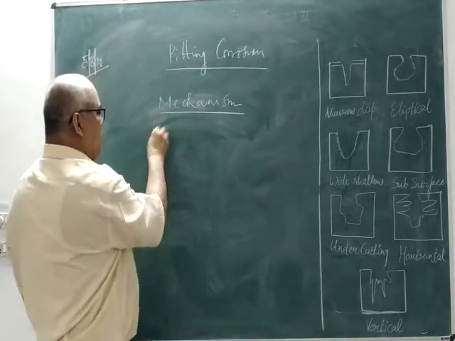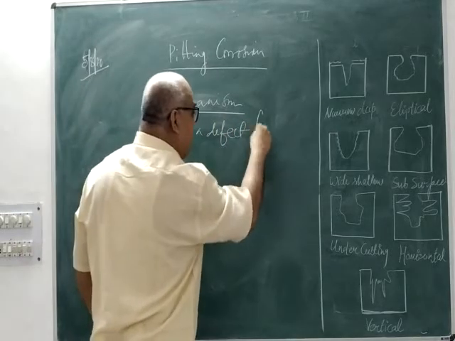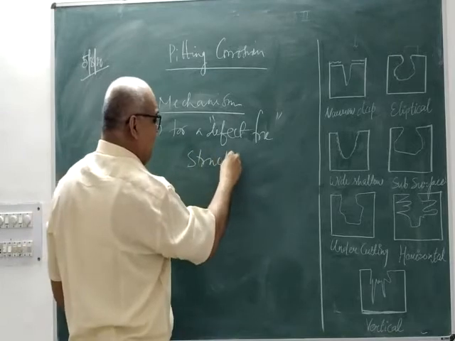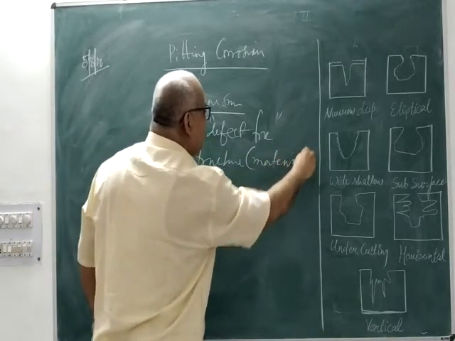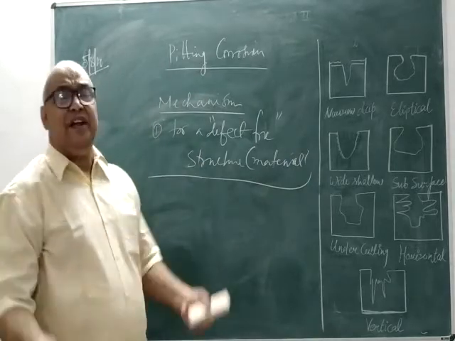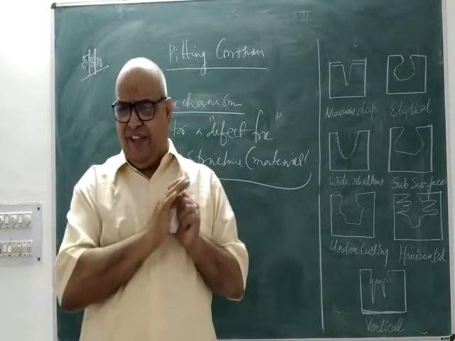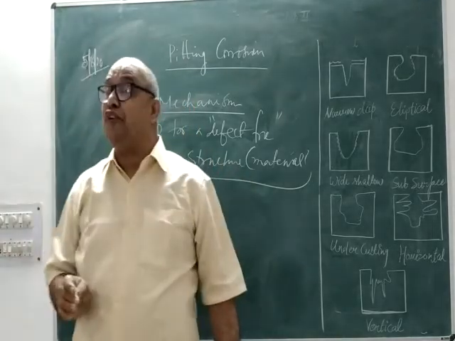Number 1 is for a defect-free structure or material. What I mean is, if a metallic structure made of a metal is defect-free, there is no defect at all, here also corrosion may proceed.